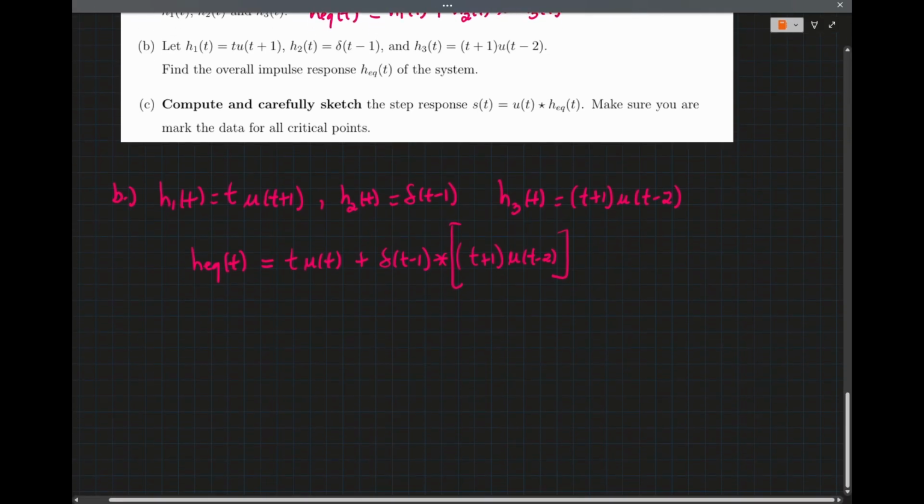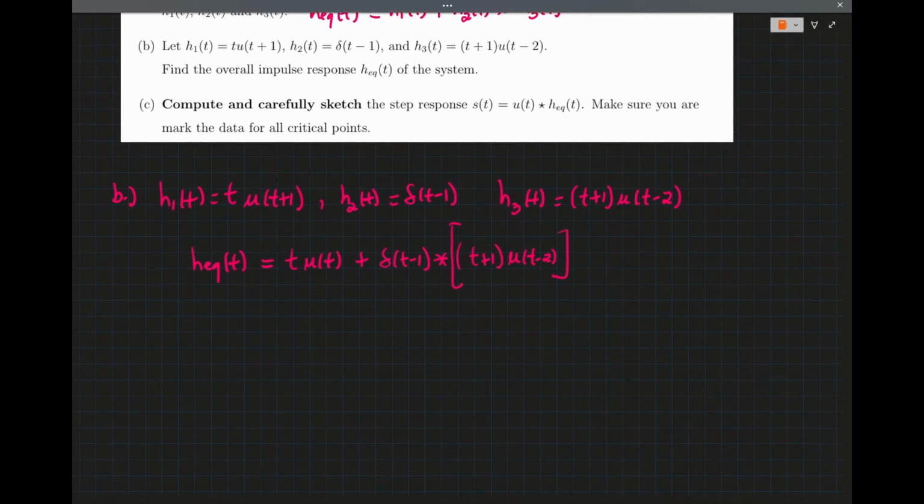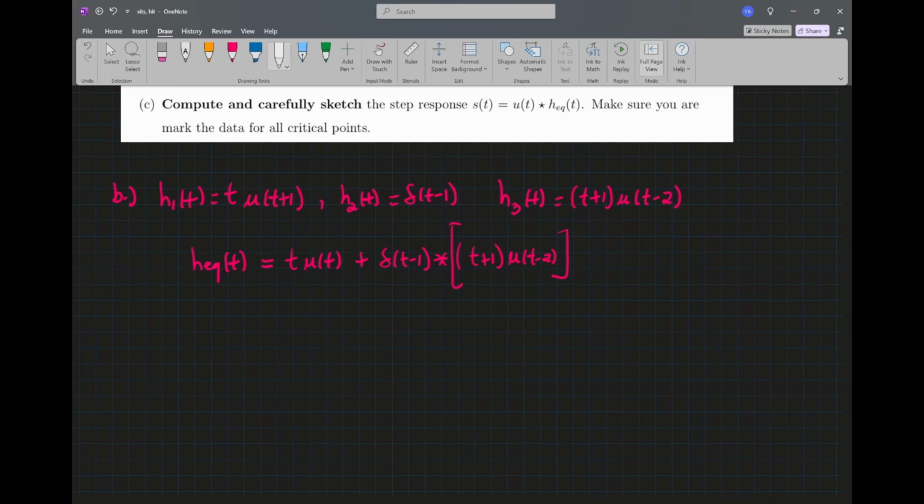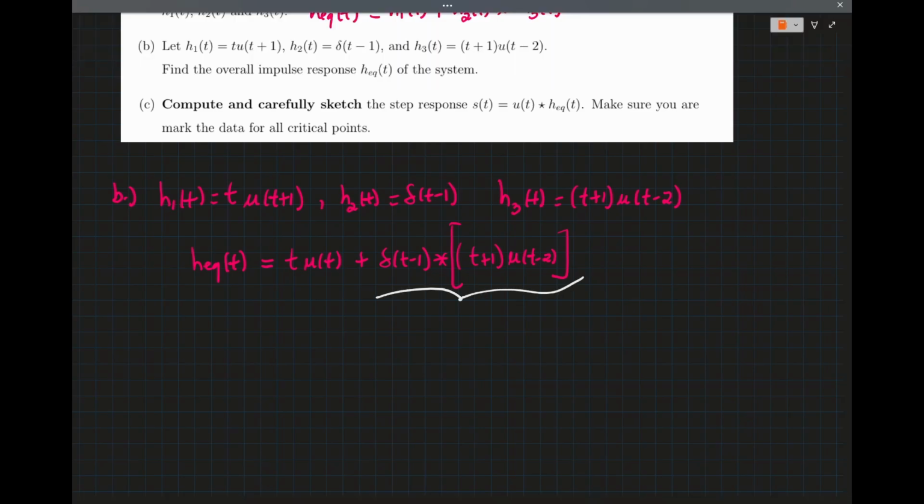Now let's compute the second term. So the second term, number 2, we have delta of t minus 1 convolved with t plus 1 times u of t minus 2.